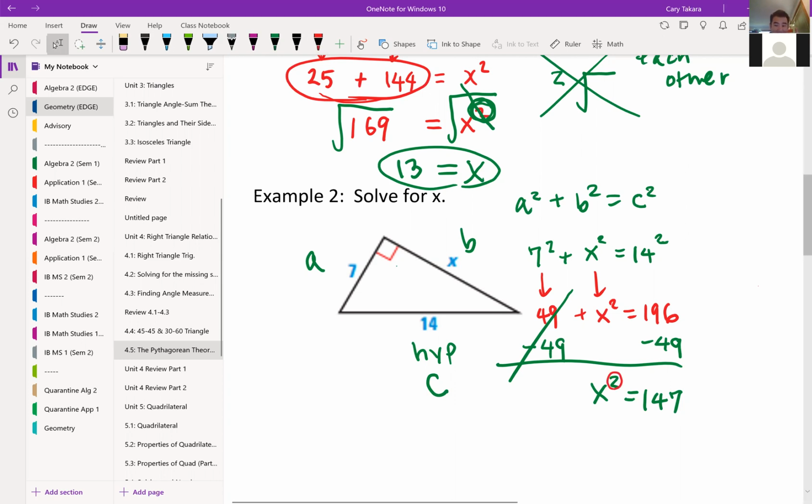You're going to take the square root. That cancels out, so you have to take the square root on the other side too. You have to do the same thing, always both sides of the equal sign, right? So now x equals square root of 147, which is about 12.1.